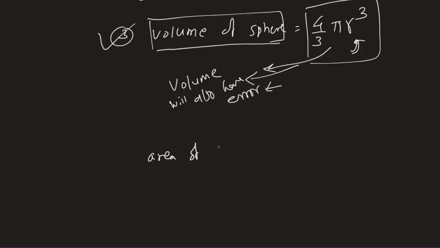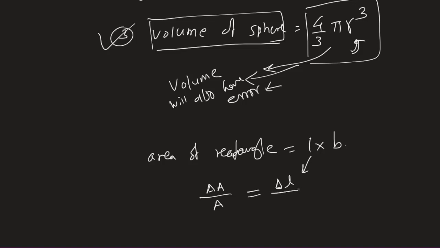Let us say you want to calculate the area of a rectangle. The formula is length into breadth. Since there is error in the length and breadth, there will be error in the area of the rectangle. So the relative error in the area can be calculated as delta L by L, the absolute error in the length over L, plus delta B by B. Whenever there is a multiplication sign, remember that we have to add these relative errors.